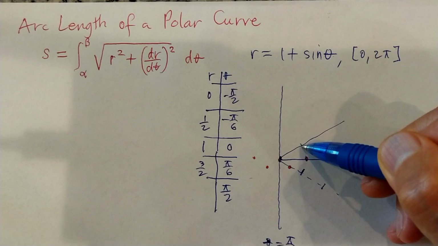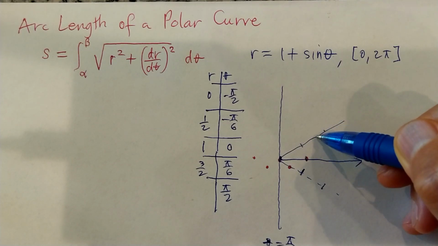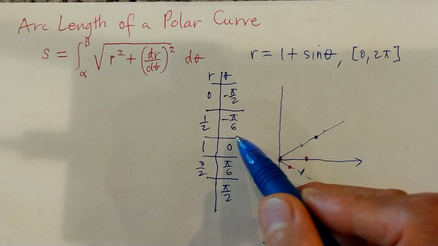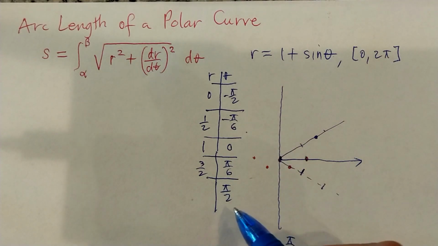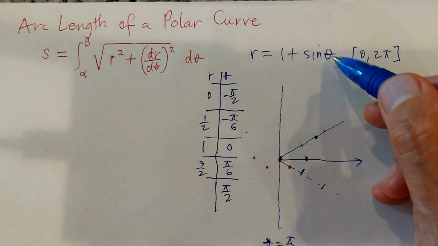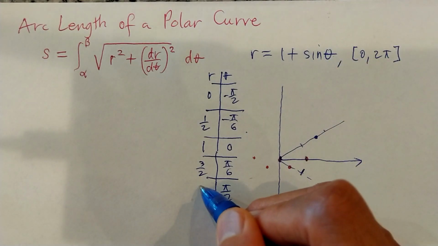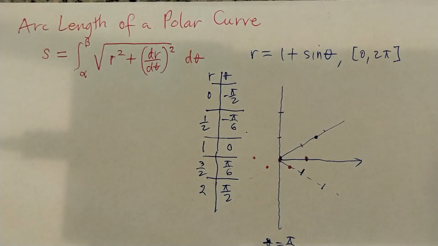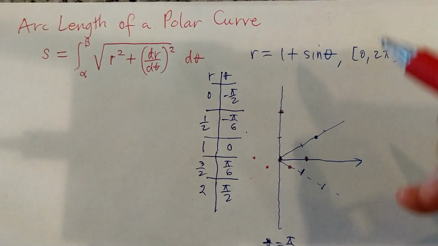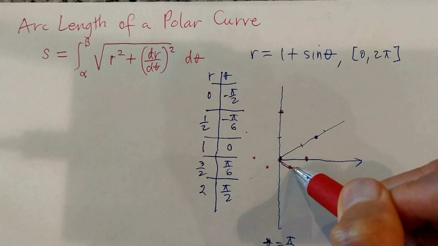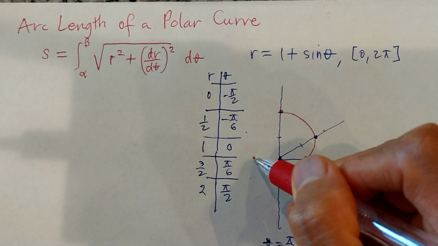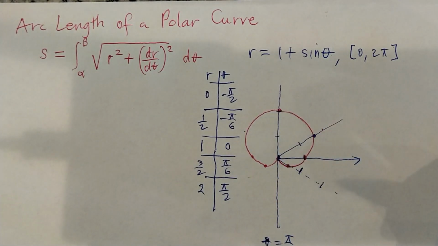So that's 1, 2, so somewhere here. I'm going to copy that onto the other side as well. And then finally at pi over 2, sine pi over 2 is 1, 1 plus 1 is 2, so there is our graph. It is a cardioid. Okay, so now I know my limits of integration.